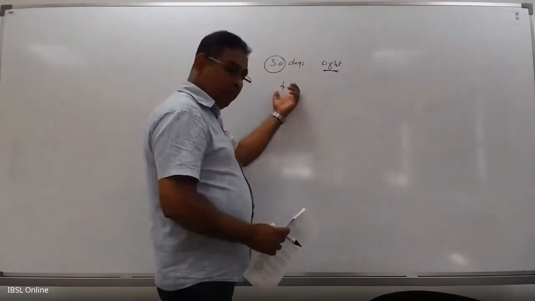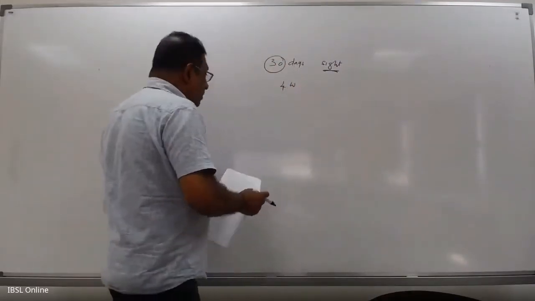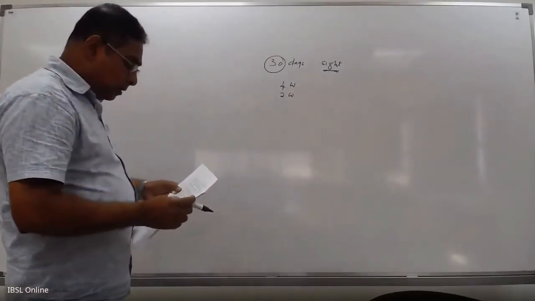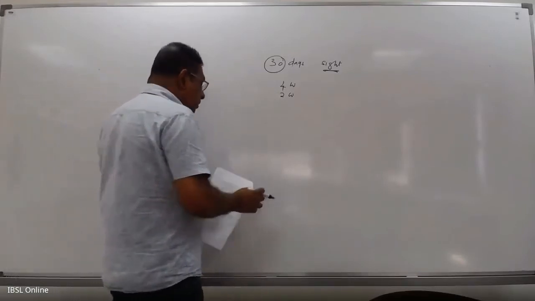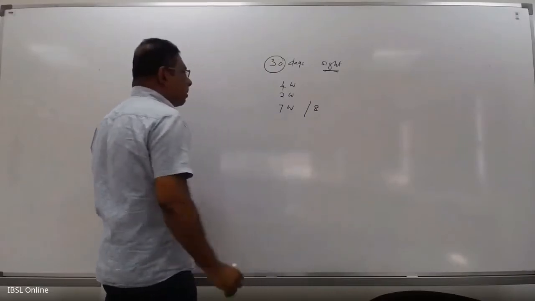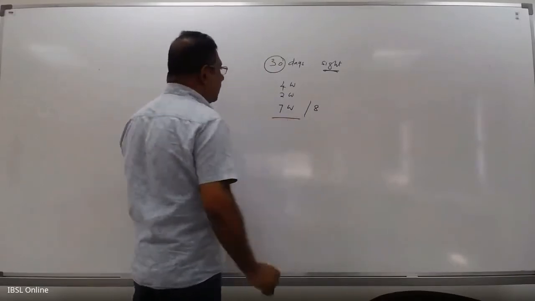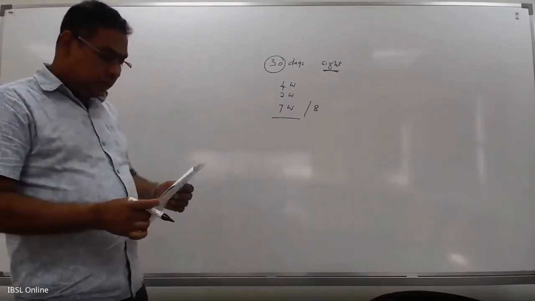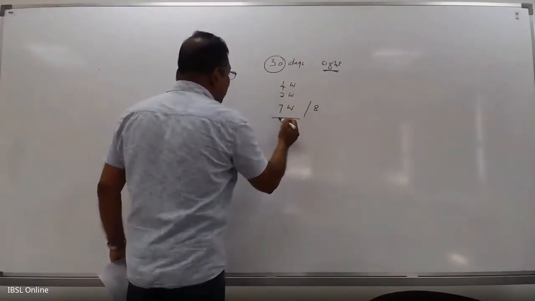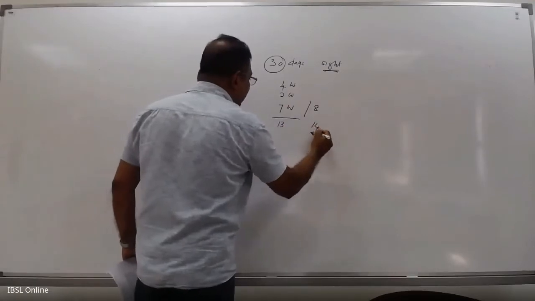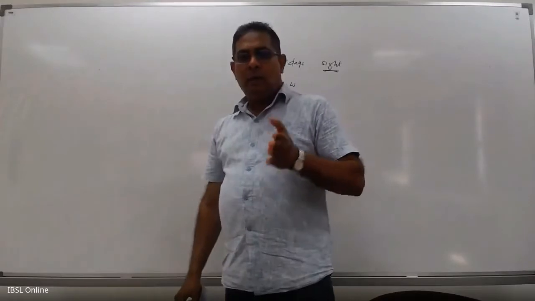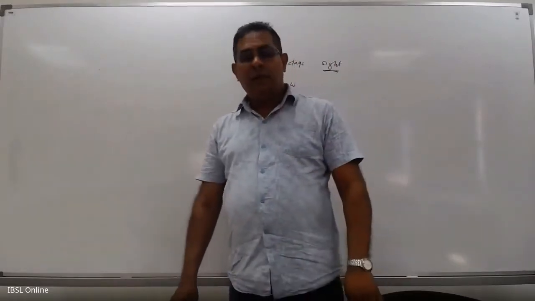So here 4 weeks, and the presentation period is 2 weeks, and the shipment is made during the 7th or 8th week. So the contract will have to be booked on the 13th or 14th week from the date of contract.